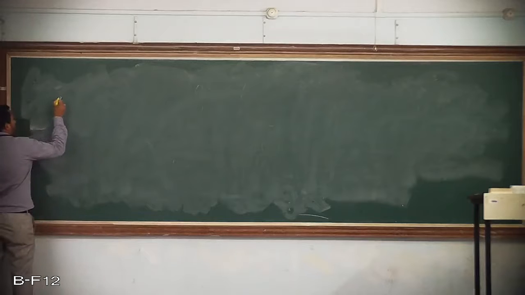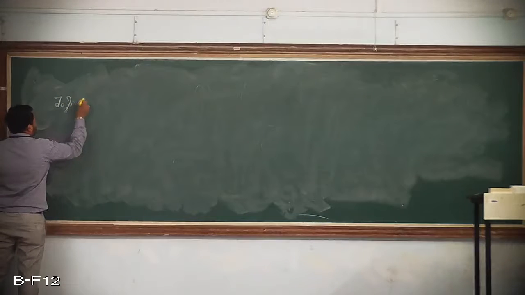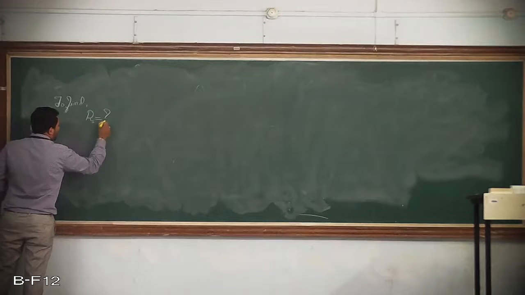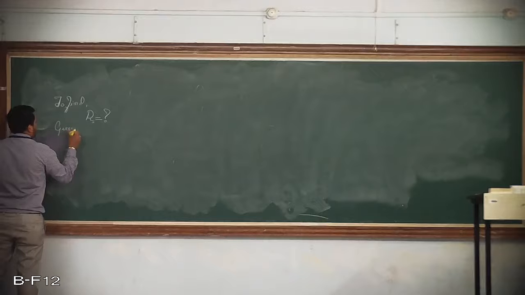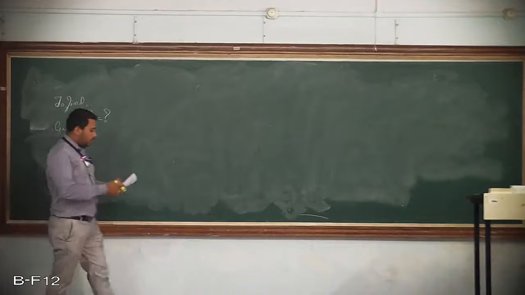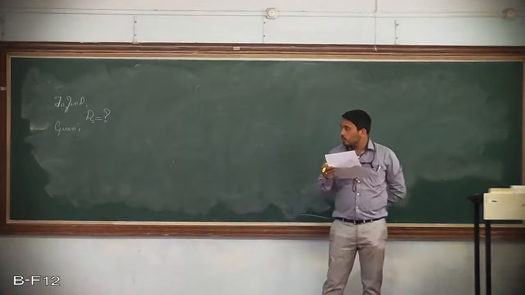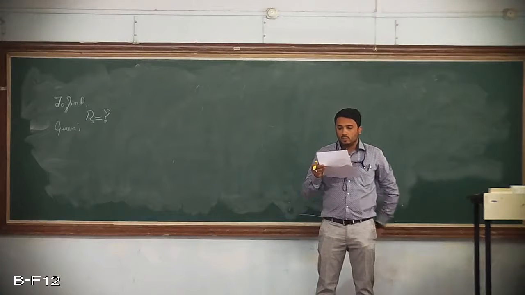What we need to find out is the reliability of the system. That is the question mark. And what is given? I'll just repeat the question one more time. Determine the reliability of a system for a period of 100 hours if the mean time between failure is 500 hours.